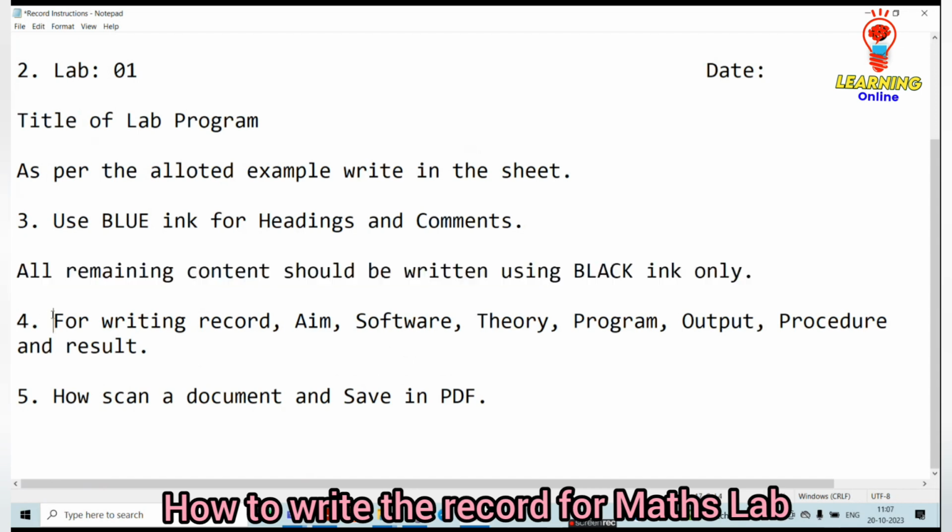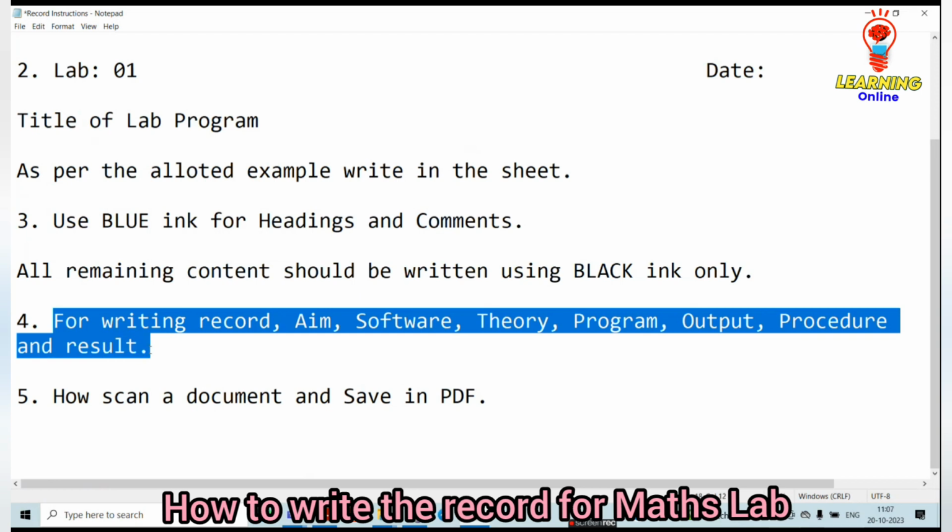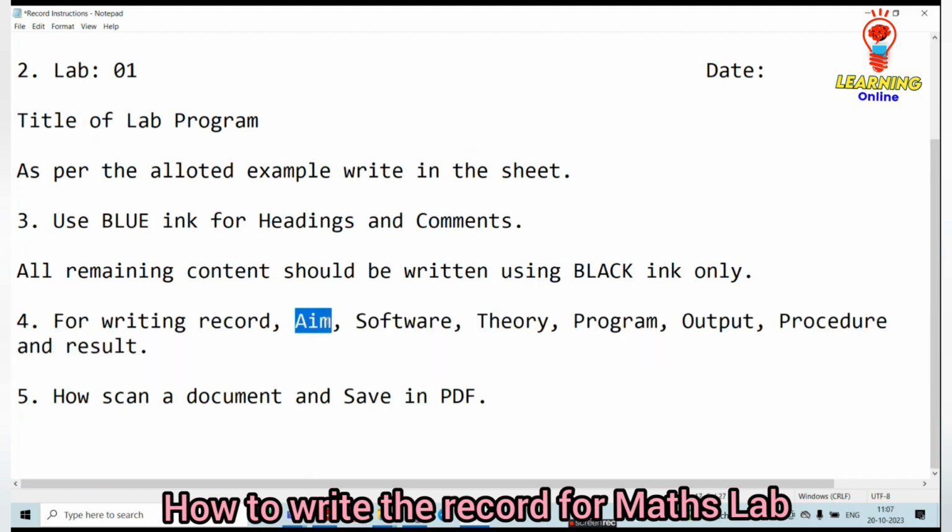Then what you need to write in the record sheet. First, for writing your record, you have to add the aim of that particular code. Then what type of software you have used. I already clearly told you we are using Python or MATLAB. Among those, I executed Python. For Python, three software options are available: one is Jupyter, another is IDLE, and the third is Visual Studio.